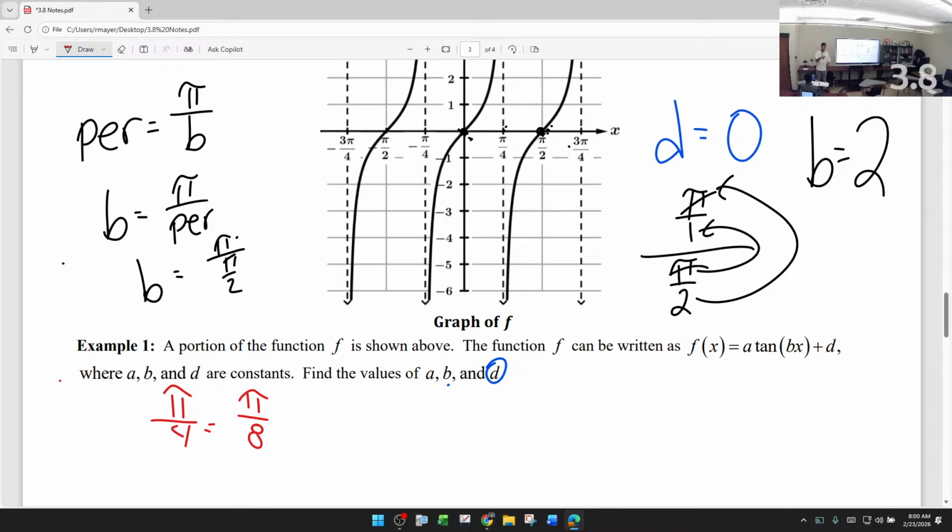It was pi over 4 where 1 should be, but this one's going twice as fast, so now it's pi over 8. And if I go to pi over 8, which is halfway to pi over 4, I better be at 1, and I am. That one's really hard to do. It's going to take questions on Wednesday for me to realize how you guys are thinking about it, and it may be easier than I'm thinking it is.